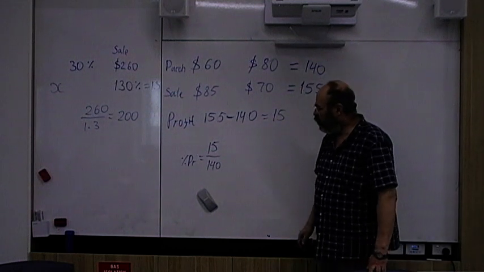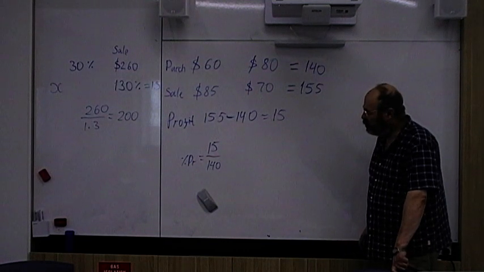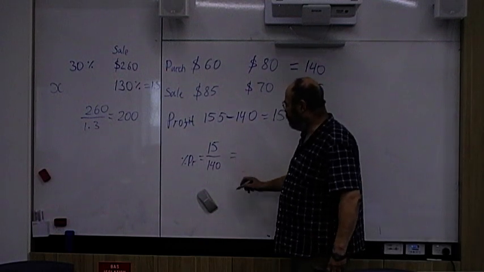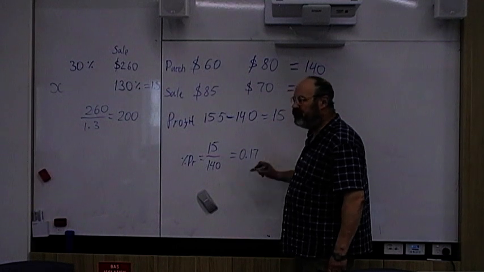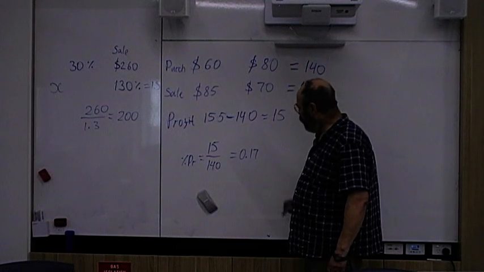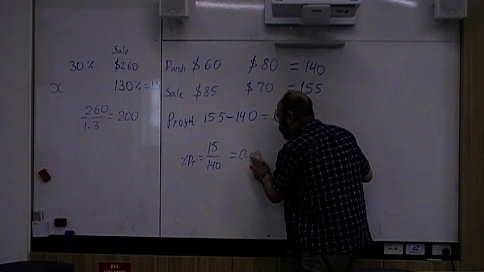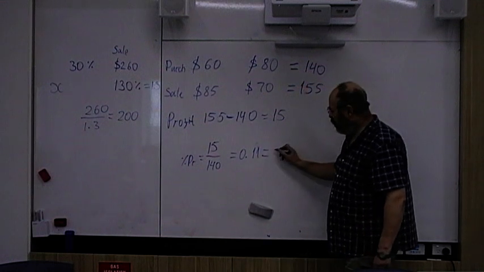And what will 15 divided by 140 be? About 0.107. So let's round it to 0.11, which as a percentage is 11%.